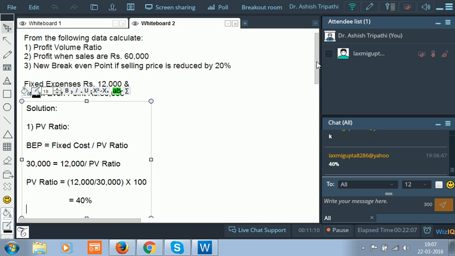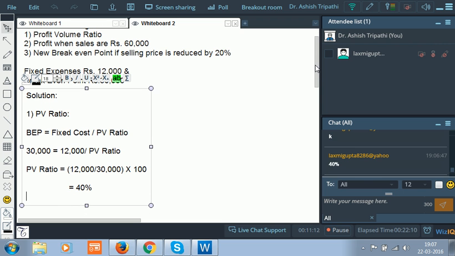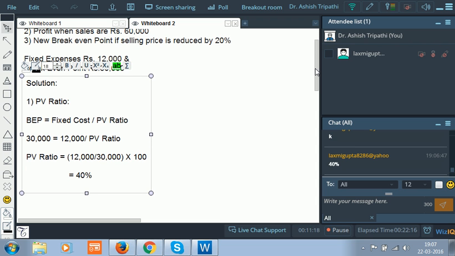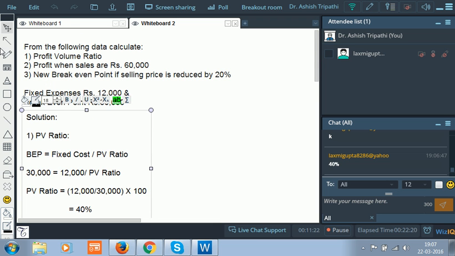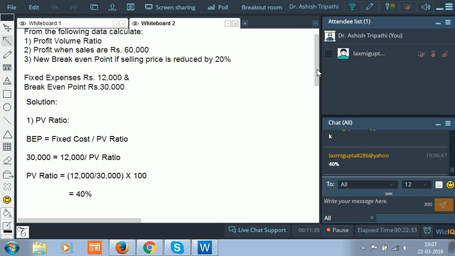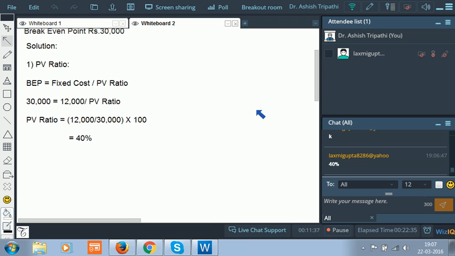Let us try to solve the second. Second, they are asking profit when sales are rupees 60,000. Now what exactly we have to calculate? We want the expected profit, or you can say desired profit. If your expected sales are rupees 60,000, so there is one formula for expected or desired profit.